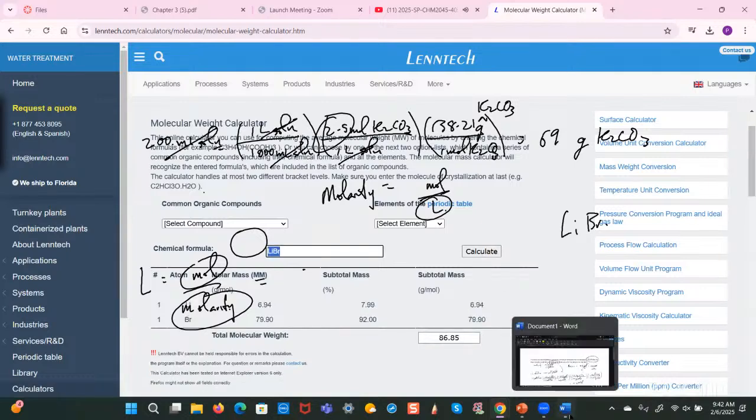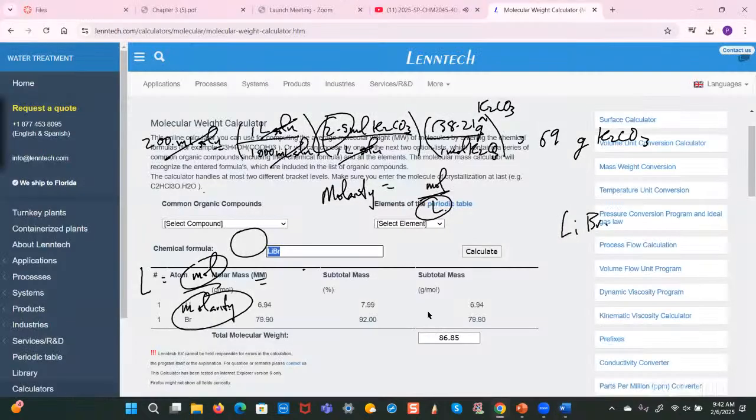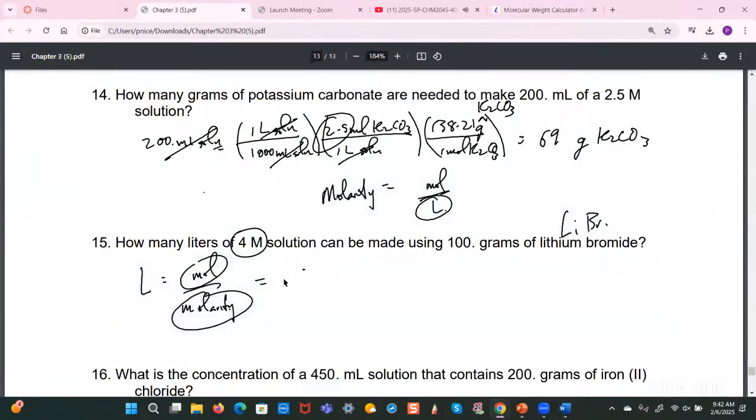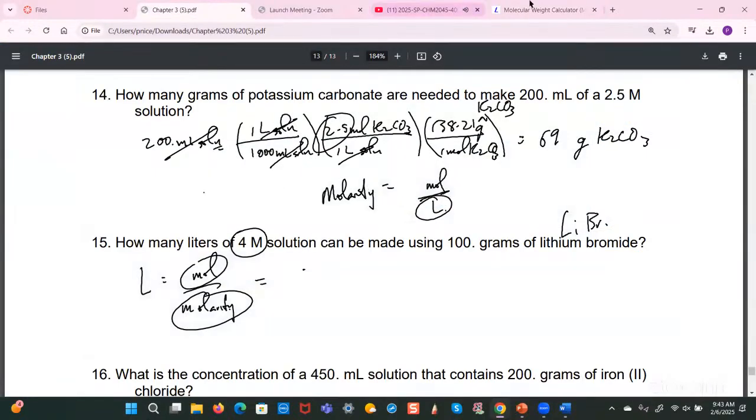So anyway, okay, the molar mass is 86.85 grams per mole, right?